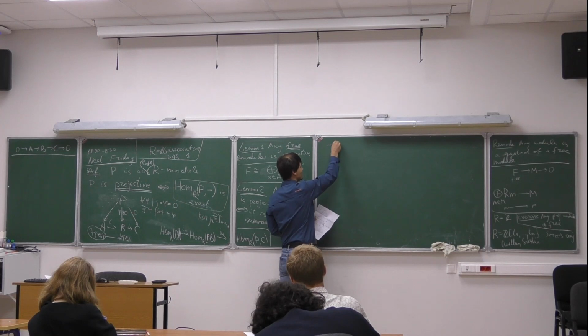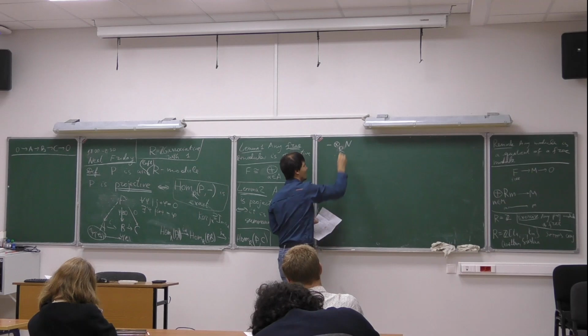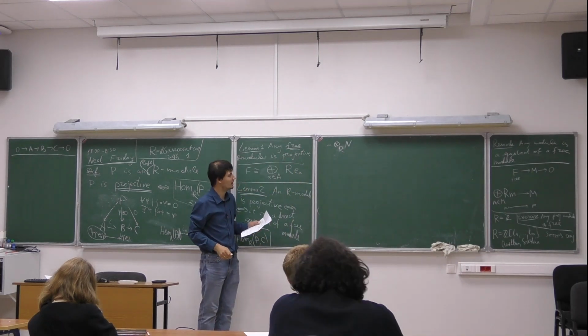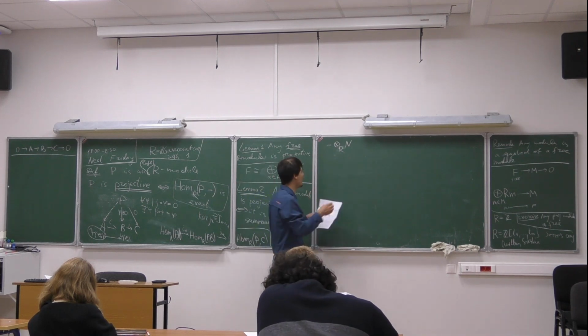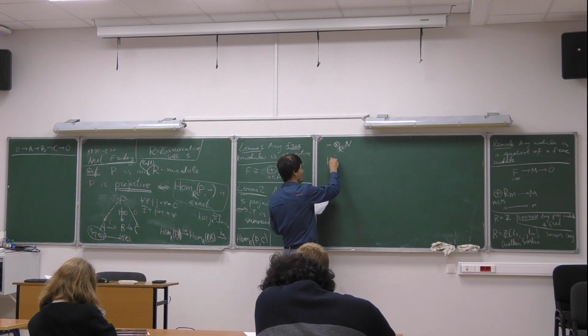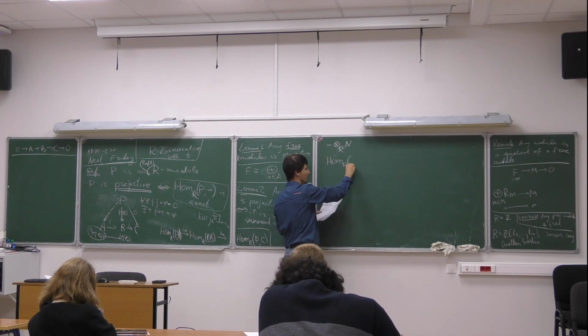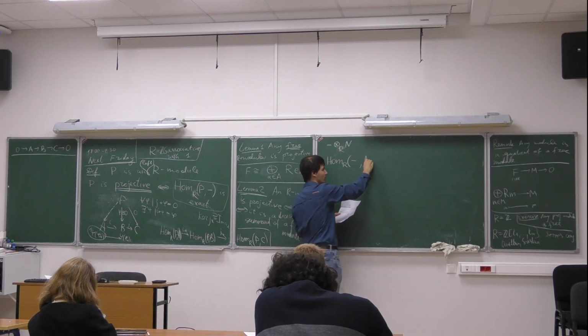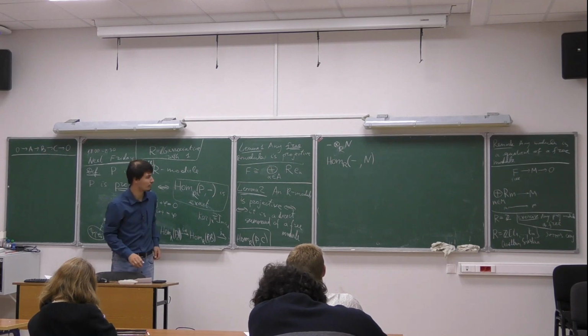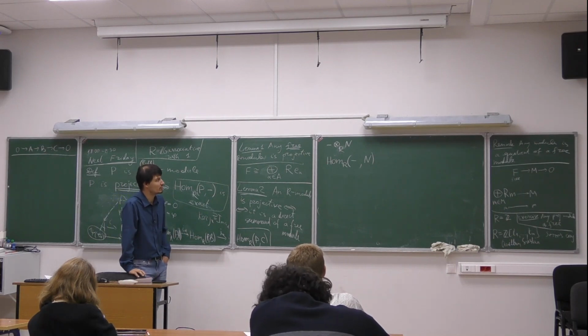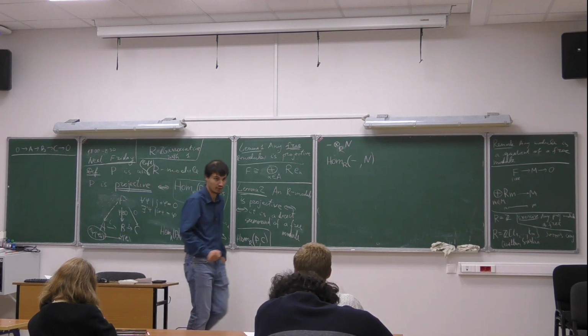We have the functor of tensor product with some fixed module, and we have the functor of homomorphisms from some module to the given module N. These two functors will be important for us.